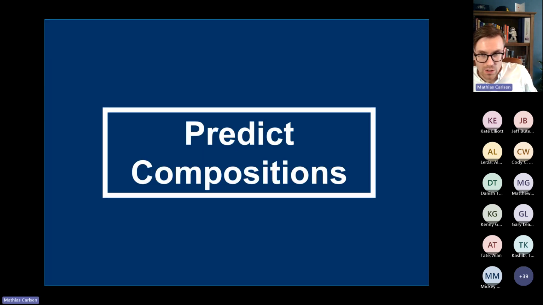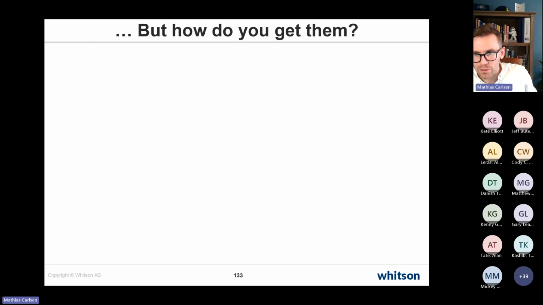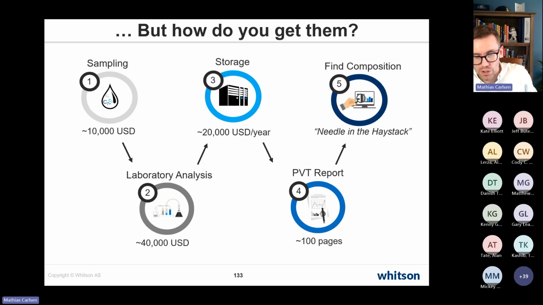Once we have an equation of state, we need to be able to predict the compositions, because that's an important input. How do we really get compositions? Well, one way is to go to the lab and measure the composition. That is a viable solution, but it typically costs a lot of money, especially if you start to store it.